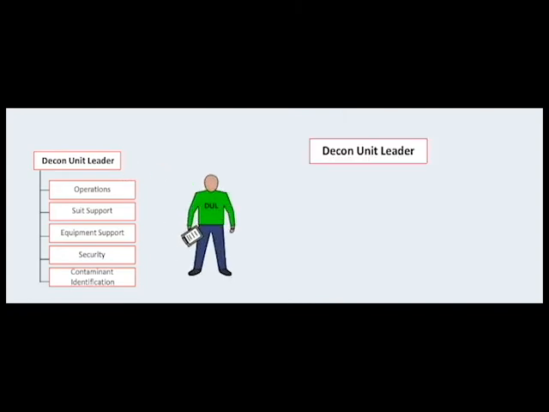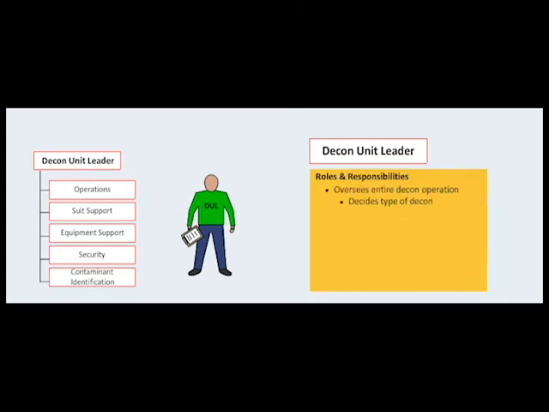In this training, this position will be referred to as the Decon Unit Leader. This individual typically oversees the emergency decontamination operation, from deciding the type of decon to be performed and initiating the hospital's hazmat code, to terminating the incident and ensuring medical follow-up for team members as necessary.